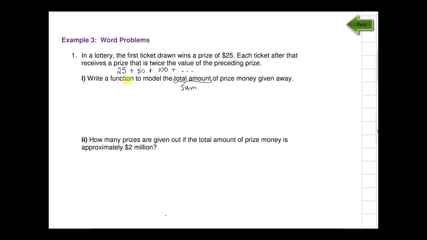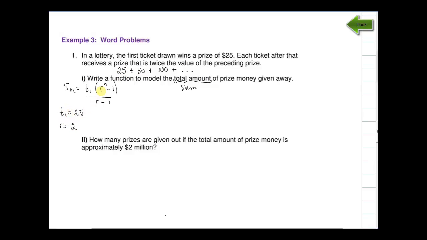Now we do want to write a function, so we're going to start by using our sum formula, and it's r to the n minus 1 over r minus 1. Okay, and write down what we know. We know that T1 is 25, and we know from the problem that r is 2. Now if you haven't figured that out from the problem, you can work it out by going T2 divided by T1, so 50 over 25 is 2.